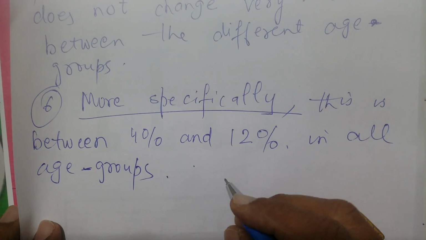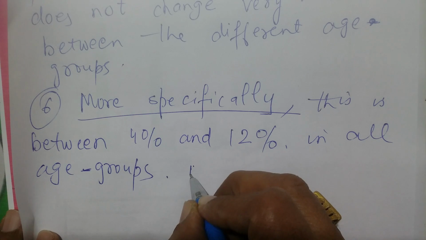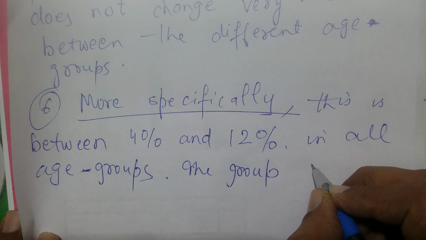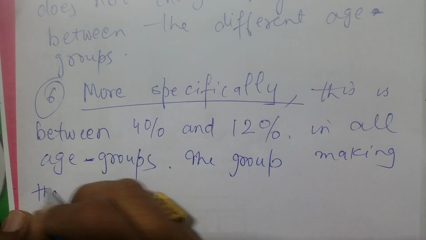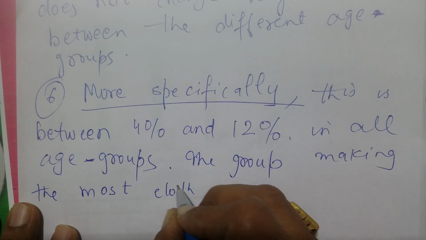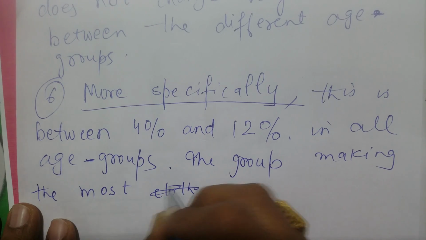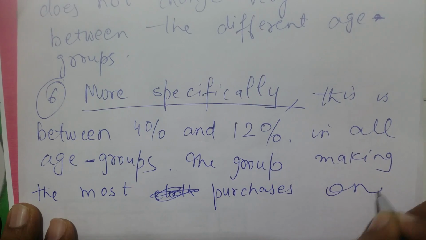Thanks for getting it. So the group making the most clothes, or 1 minute, most purchases on clothes.